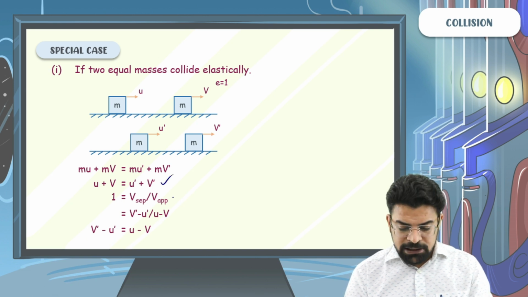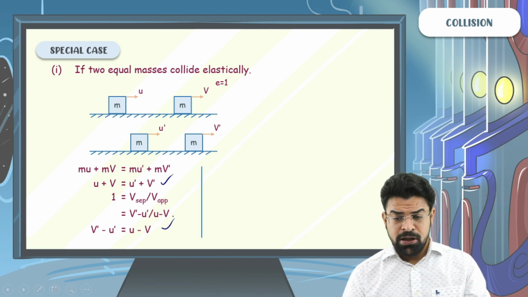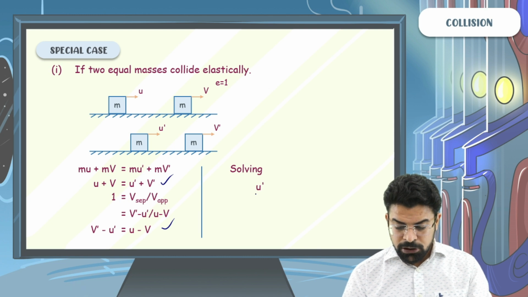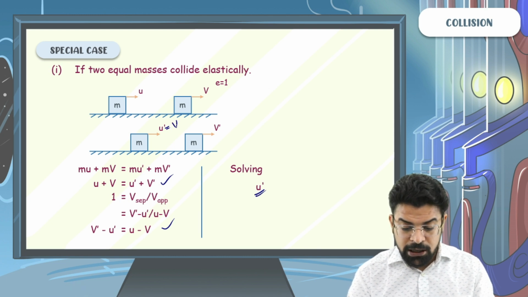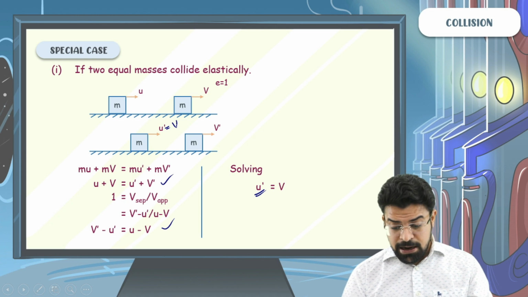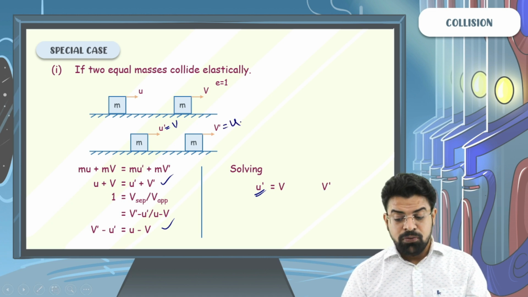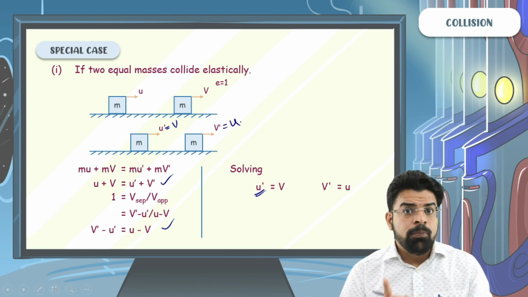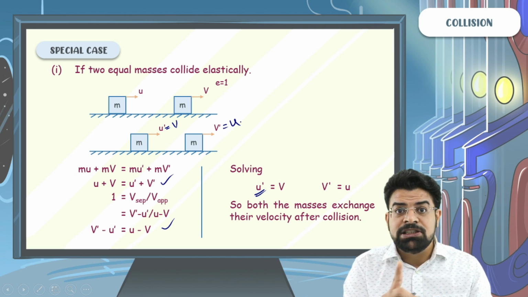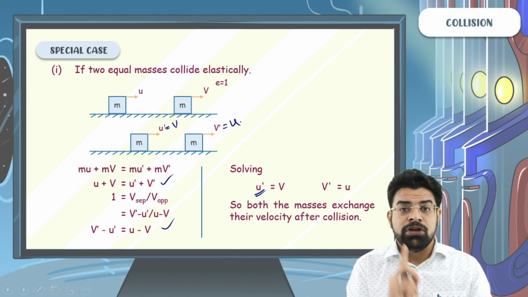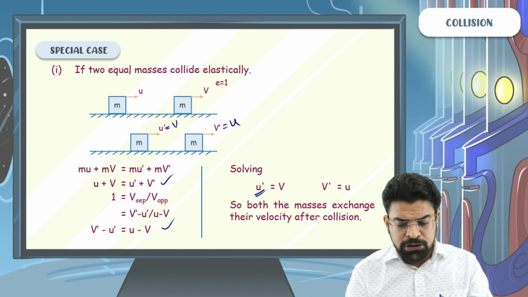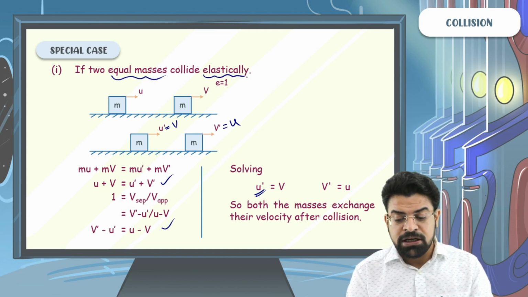Now on solving these two equations, we get that u dash equals v and v dash equals u. So both the blocks exchange their velocity during the collision when both the masses are equal and the collision is elastic.